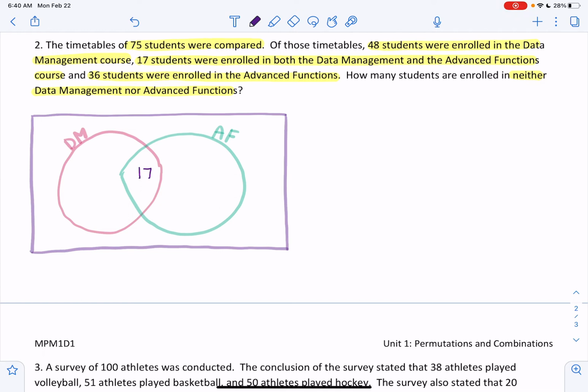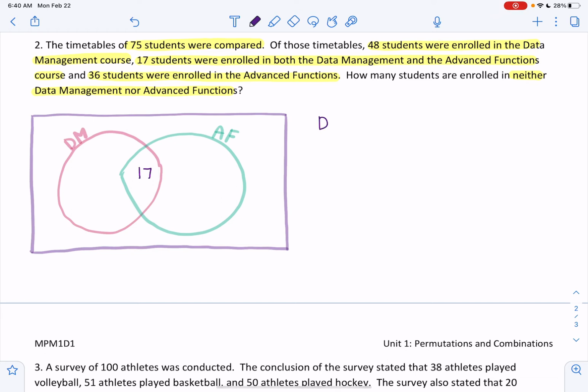The reason why we have to do this part first is because when we look at the students who are just in the data management course, we need to subtract these students who are in both, because they are accounted for when we're counting the data management students. They are also accounted for when we're counting the advanced functions students. So we need to subtract those students who are taking both courses.